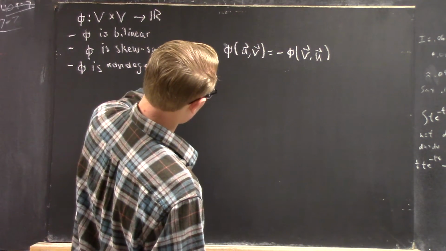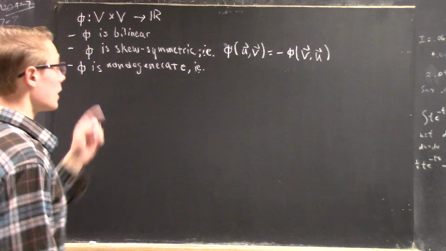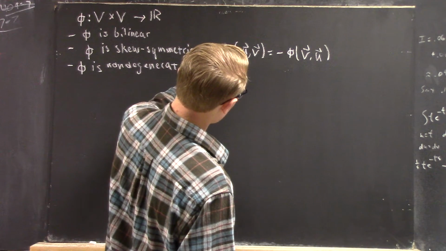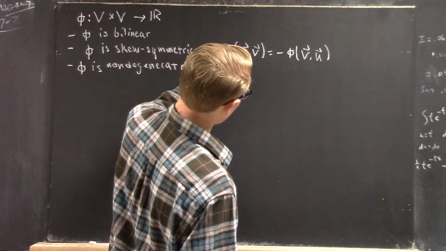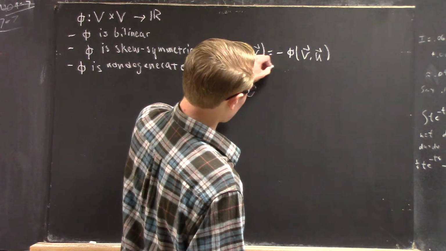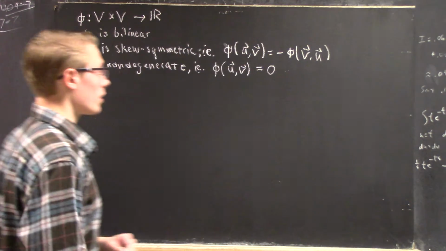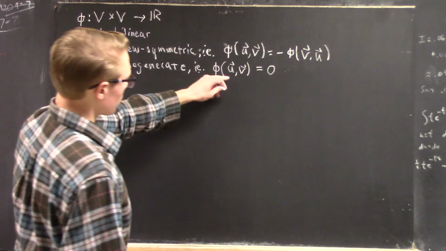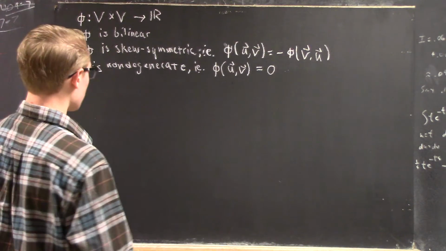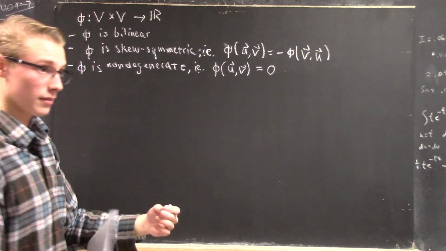And of course, for it being non-degenerate, if we use the same example, phi of vectors u and v equals 0, then either vector u or vector v must equal 0 for the non-degeneracy.